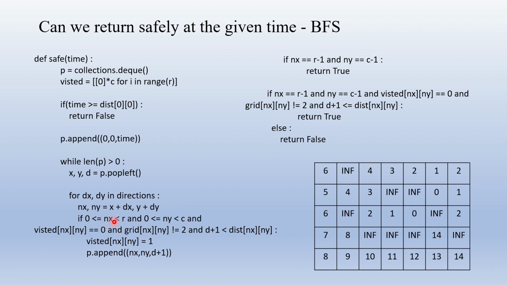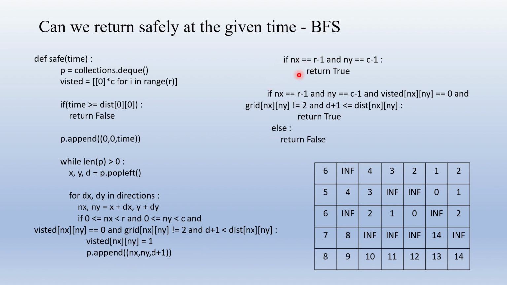If the new position is within the matrix and the cell is not visited and it is not a wall, and also the time is less than the time taken for the fire to reach the cell, we append the cell to the queue and mark it as visited.